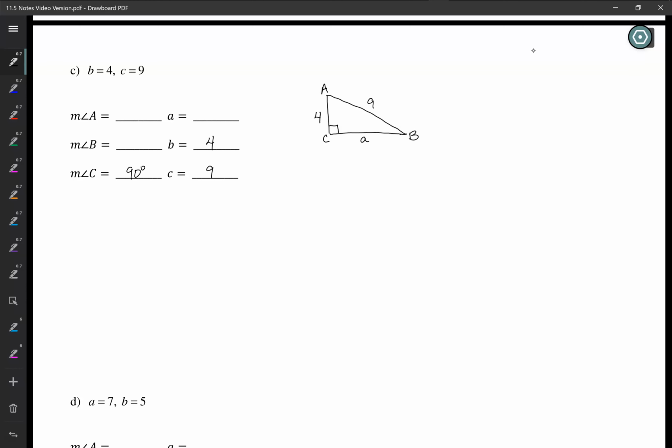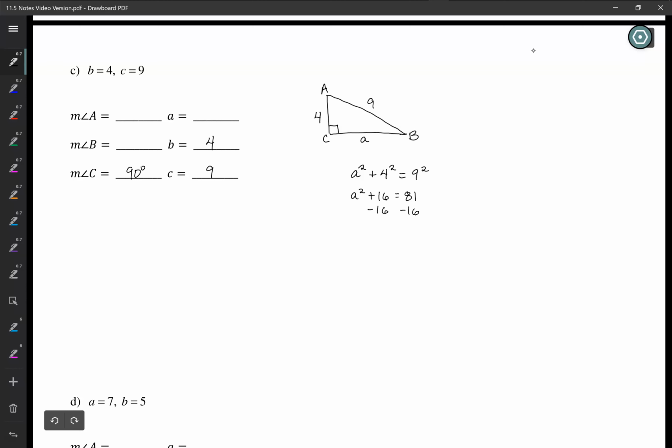I'm going to go ahead and find the other side first. So a squared plus the other leg squared, 4 squared, equals hypotenuse squared. So a squared plus 16 equals 81.